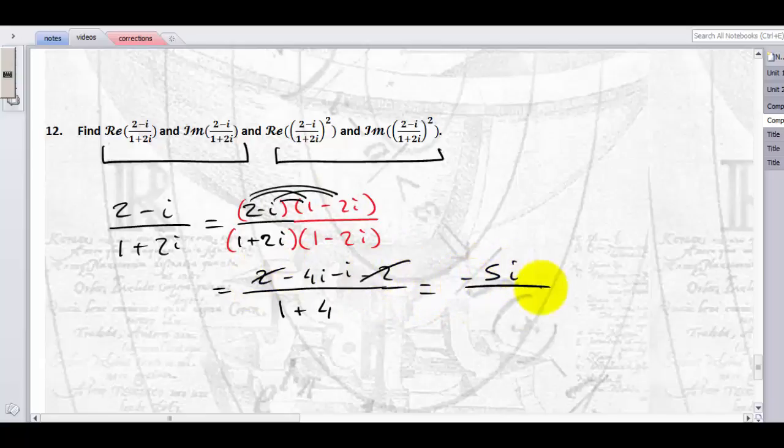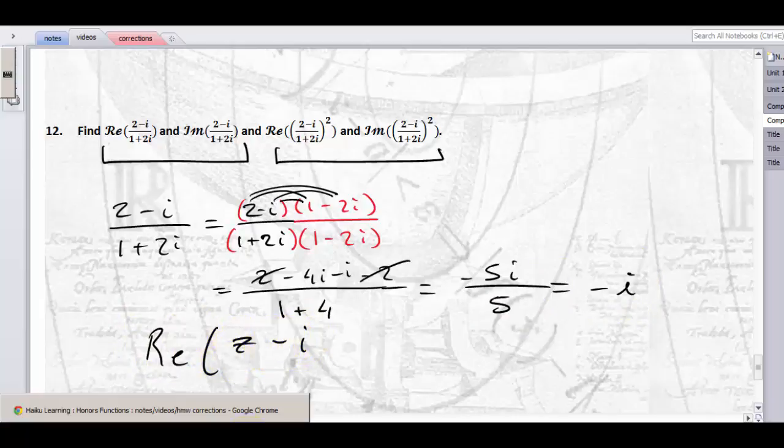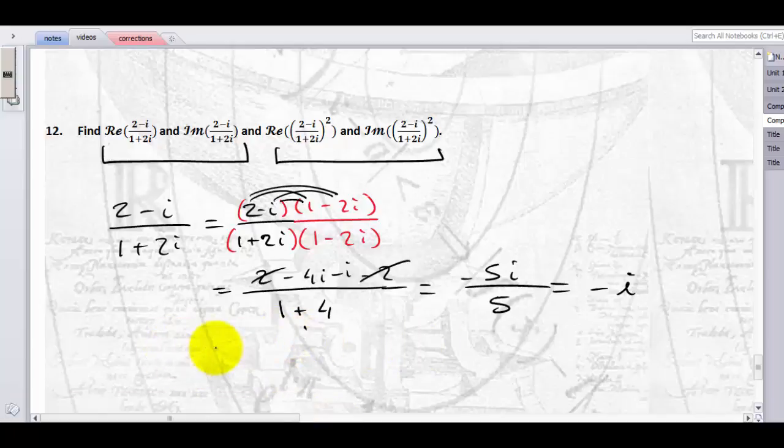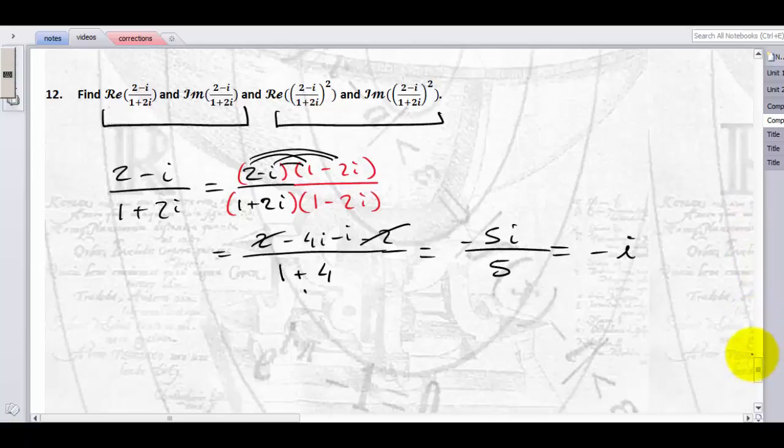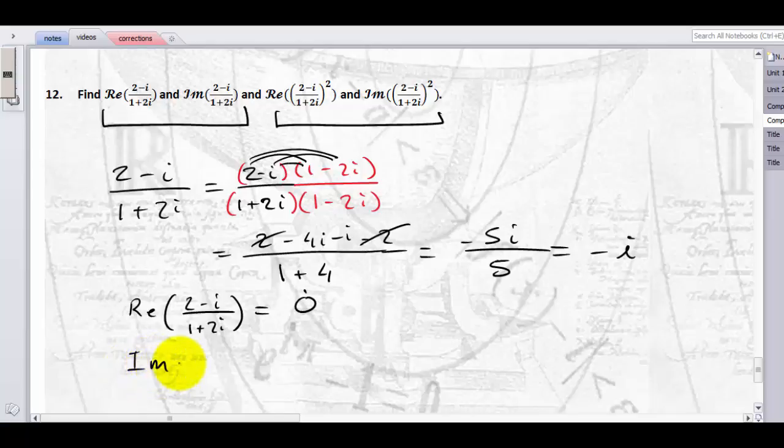It's negative 5i over 5, so this is negative i. Therefore, the real part of 2 minus i over 1 plus 2i is 0, while the imaginary part is negative 1.